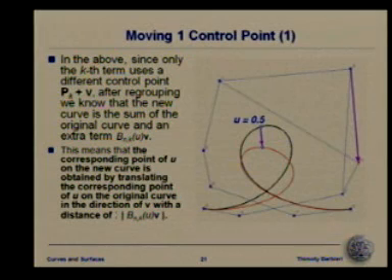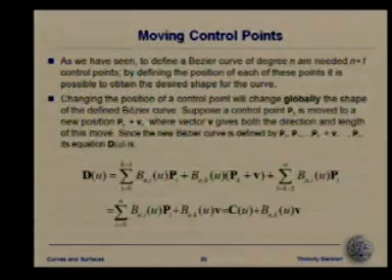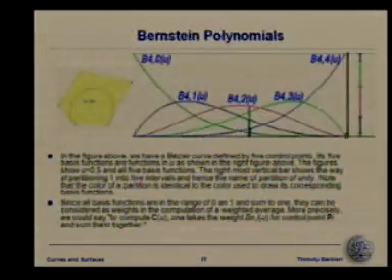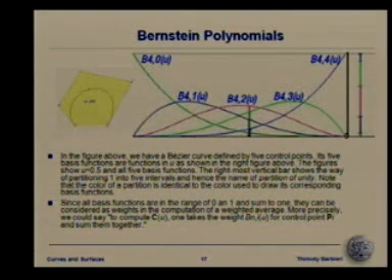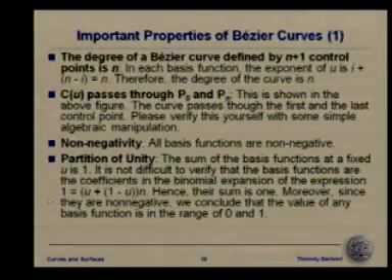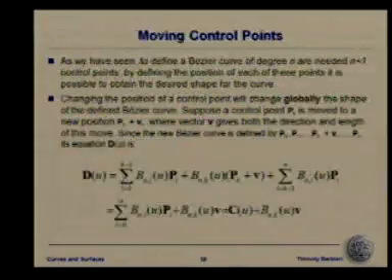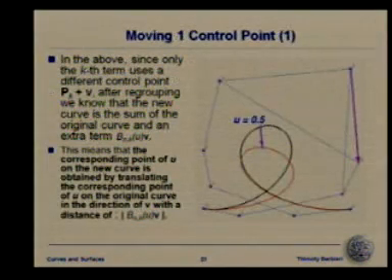What you don't change is the fact that the curve still starts from P0 and still ends in Pn. That's an effect of the fact that the minimum degree Bernstein polynomial is like this, and the maximum degree Bernstein polynomial is like that. So that doesn't change. But all the intermediate degree Bernstein polynomials are always non-zero in their whole parameter range.